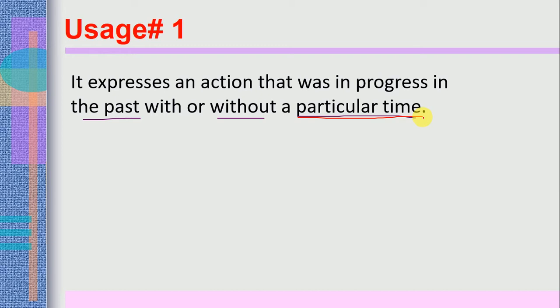Whatever action is shown in the present continuous tense is also shown by past continuous tense, but the time differences in the timeline: for present activities, for the present continuation, and for the present duration we use present continuous tense, and for the past duration, past continuation, we use past continuous tense.